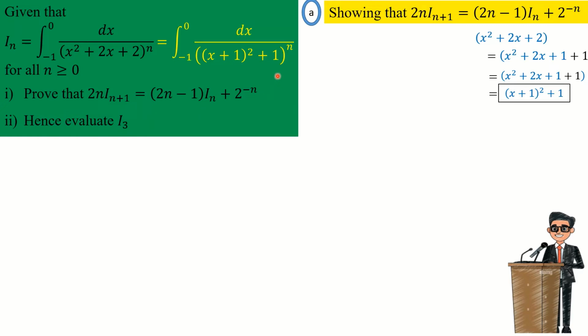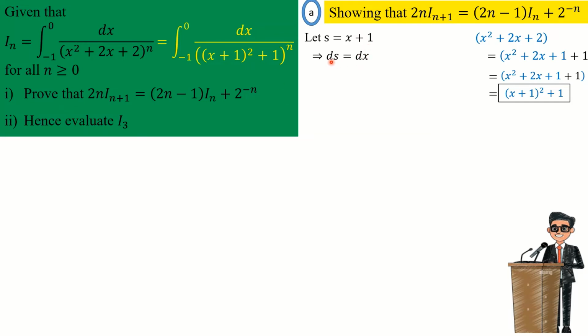Now let me see if I can change the limits. If I replace one quantity with x plus 1, I know that if I differentiate x plus 1, I will get the x. So I will do a change of variable. Let s be equal to x plus 1, so I am changing from the x world to the s world, and I will substitute back for the x.